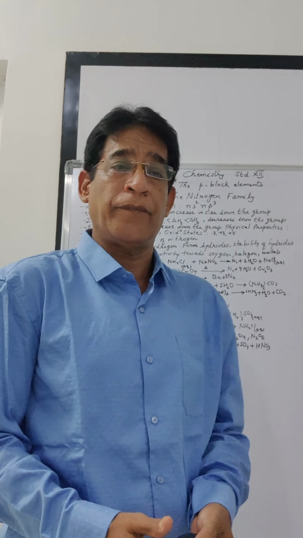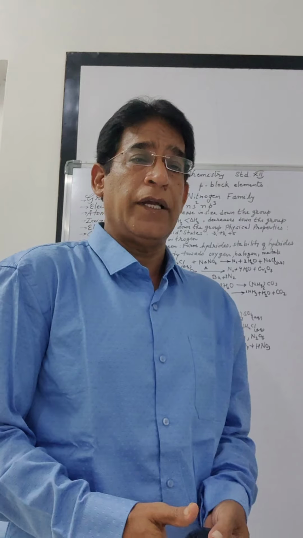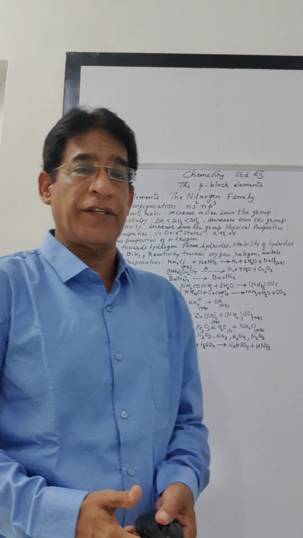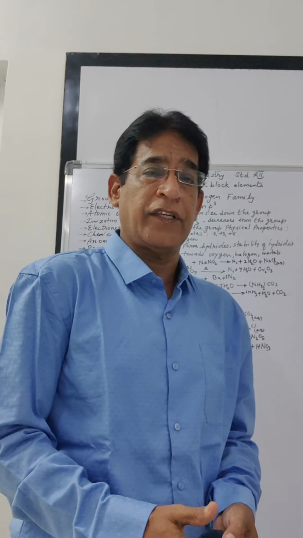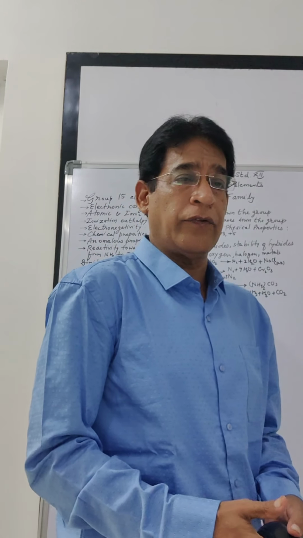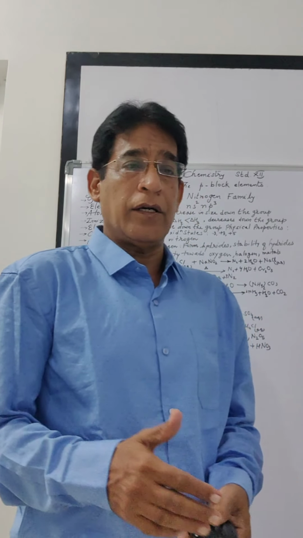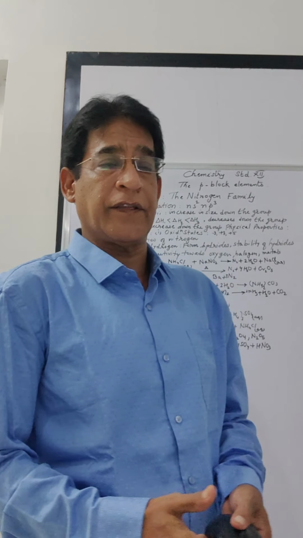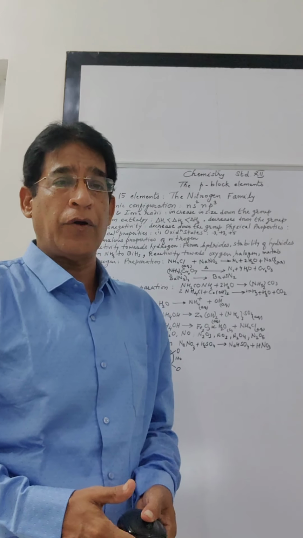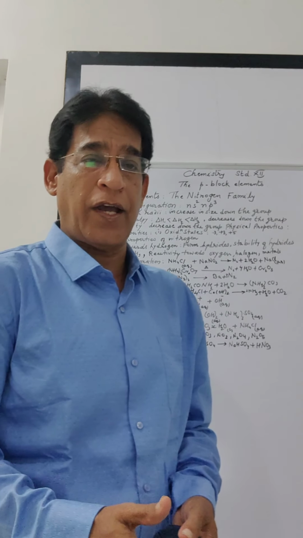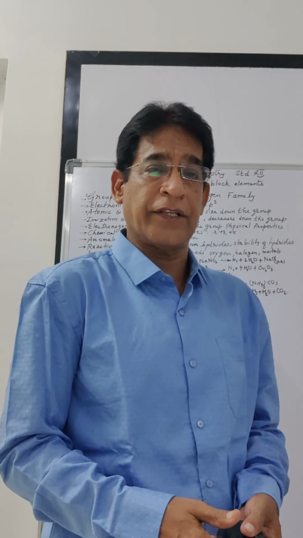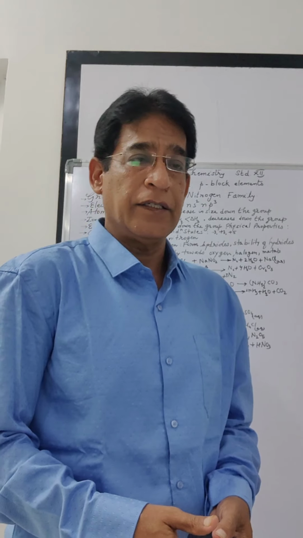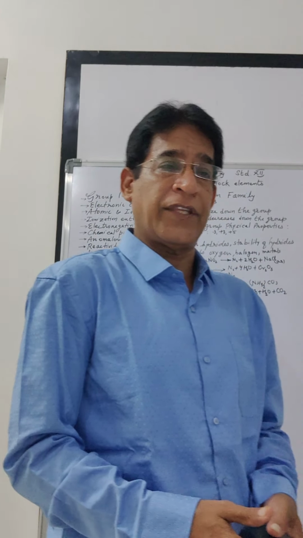Bismuth hardly forms any compound in -3 oxidation state. The stability of +5 oxidation state decreases down the group. The only well characterized bismuth compound is BiF5. The stability of +5 oxidation state decreases and that of +3 state increases.